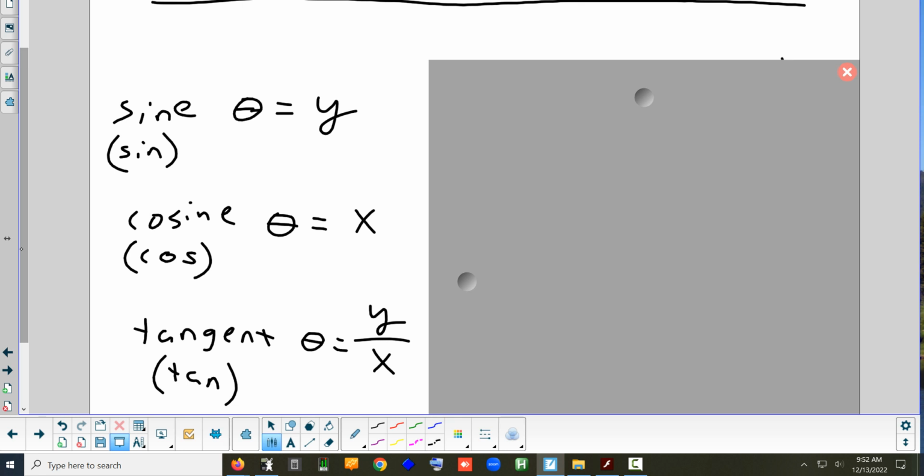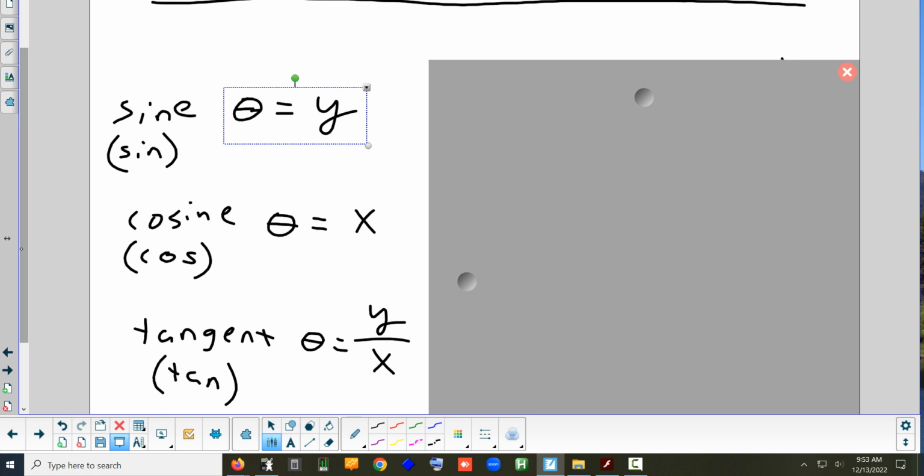So you can see, if you can't figure out the coordinate, you're not going to be able to figure out the x and the y, and you're not going to be able to do any of these formulas. So unit circle trig is all based off knowing a coordinate for an angle. And in parentheses, these are the abbreviations.